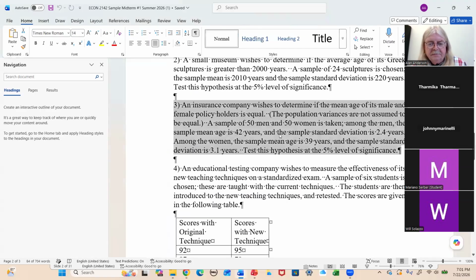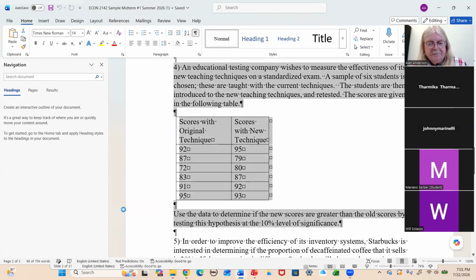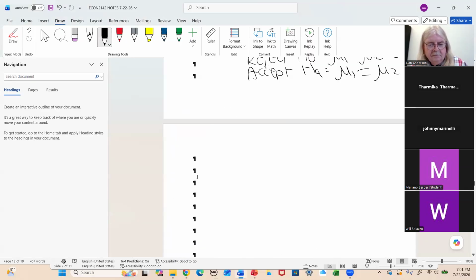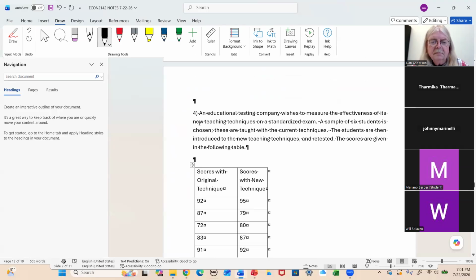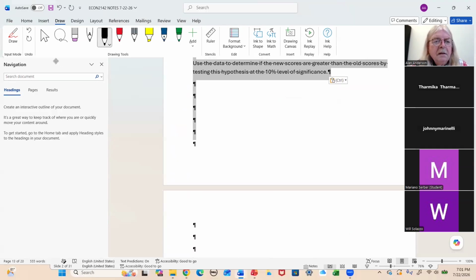What's next? Aha. As soon as you see this little table, you know we're talking about matched pairs. Let's be consistent here.